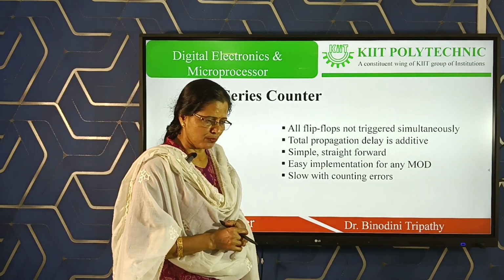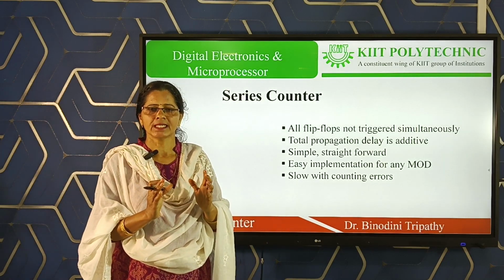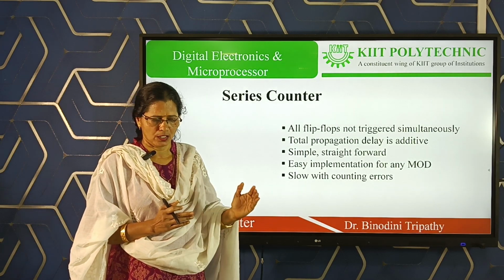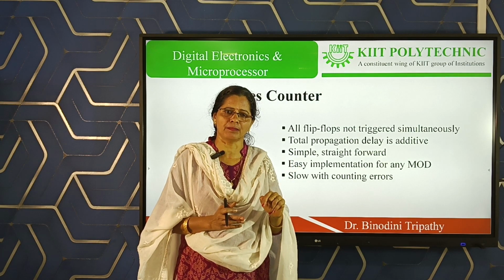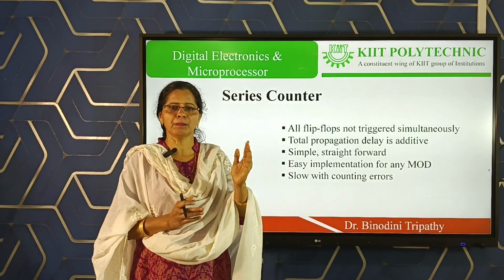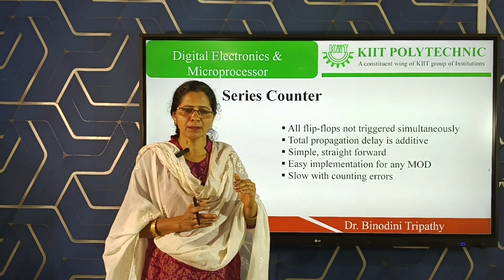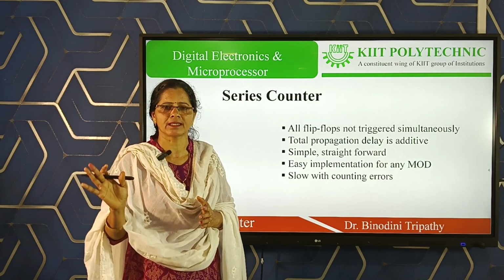So in a series counter, those flip-flops are connected in series, and the main source clock input is applied to the first flip-flop. The output of the first flip-flop is used as the clock input for the second flip-flop. The second flip-flop output acts as the clock input for the third flip-flop, and so on.